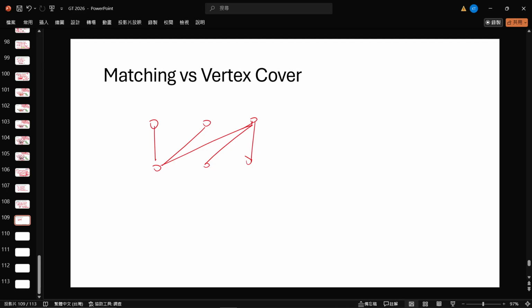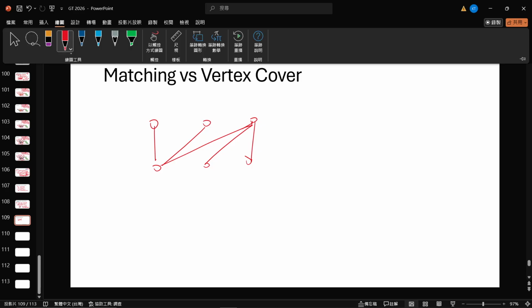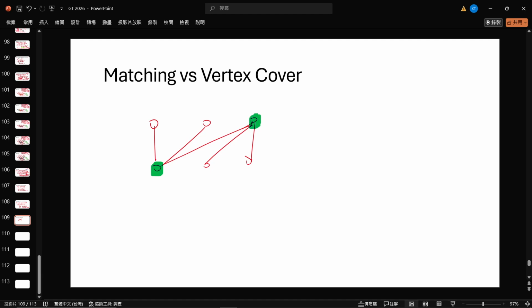That's the smallest number of vertices, the fewest vertices you can choose to cover every edge. There are 5 edges above, so if you want to cover these 5 edges, what is the minimum number of vertices you have to choose? 2. So which 2 vertices? Right.